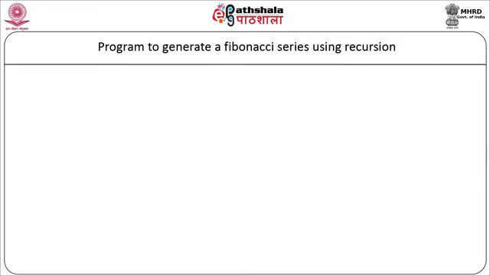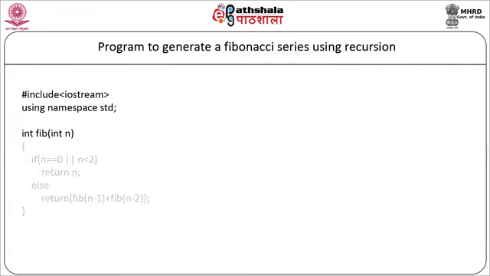We will start with the program: hash include iostream, using namespace std. We will define the function Fibonacci as return type is integer, name of the function is fib, and inside the brackets the parameter integer n. We will start with the body of the function as if n is equal to 0 or n is less than 2, return n, else return Fibonacci n minus 1 plus Fibonacci n minus 2, and our function will end.